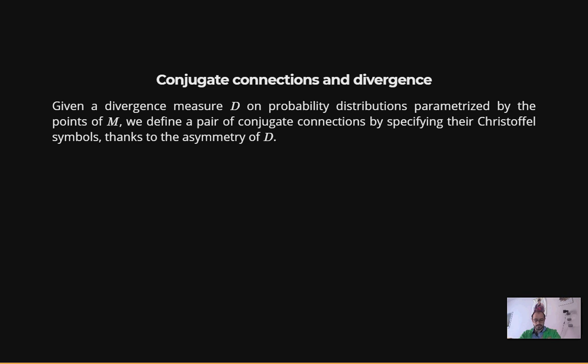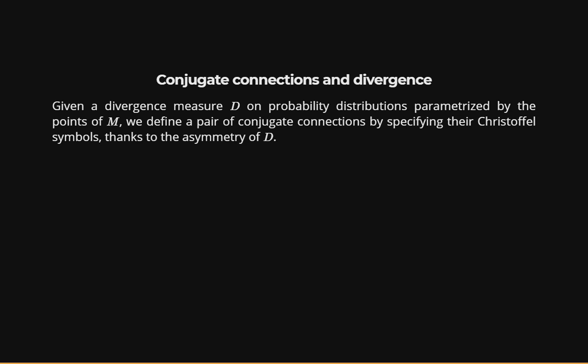And so take any of them. Typically, they are not symmetric. So you have that the distance between theta and theta prime is not the distance between theta prime and theta.